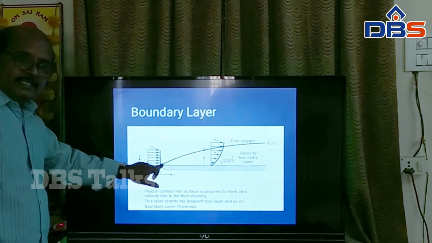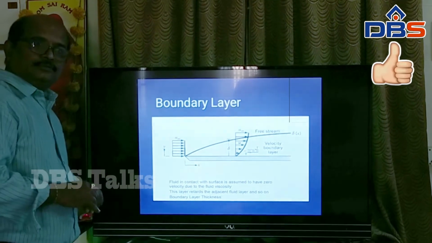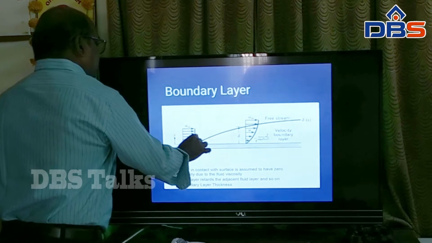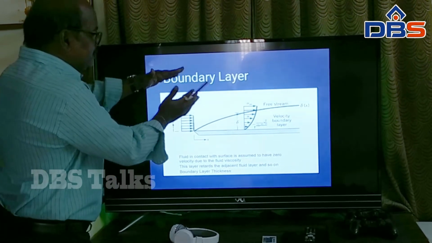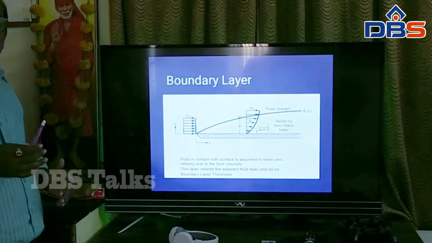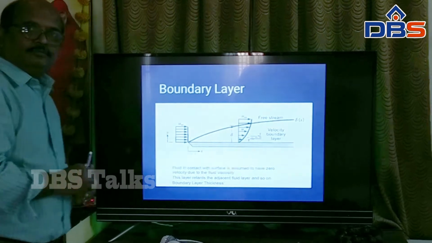Where the fluid touches the leading edge, the velocity becomes 0, and slowly the velocity increases, and the flow is divided into two sections. One is the boundary layer flow and the other is outside the boundary layer flow.